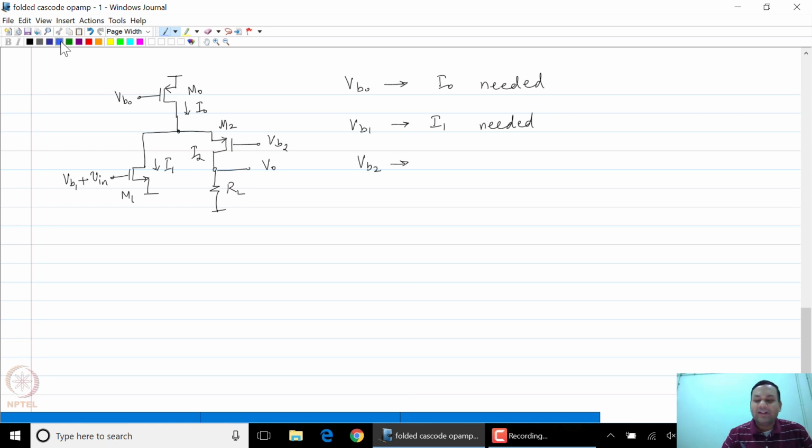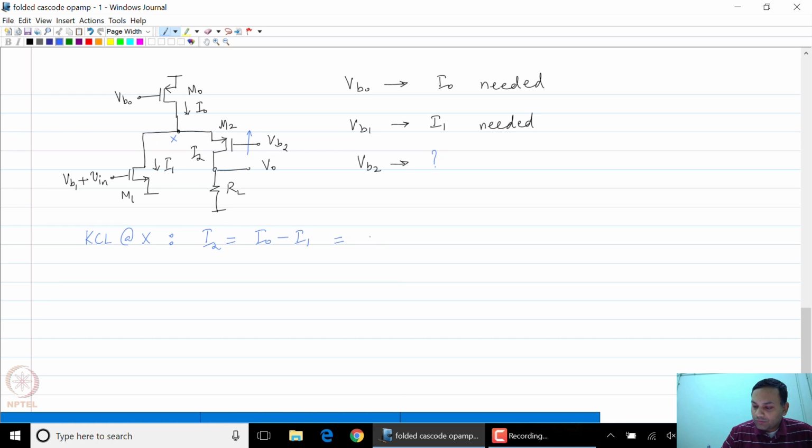So let us see what will happen if I start changing VB2. Let us say I start increasing VB2. In this structure, if you apply KCL at node X, you can show that I2 is always the difference between I0 and I1, and as long as all transistors are in saturation, this current will not change appreciably, which means I2 is constant.